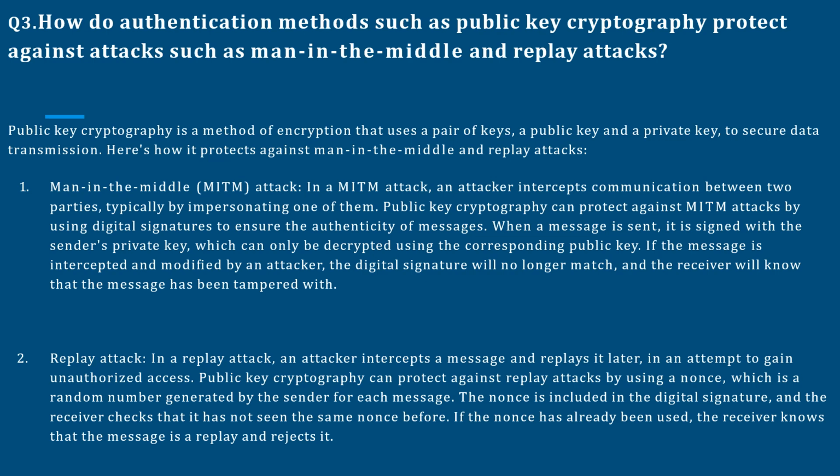In a replay attack, an attacker intercepts a message and replays it later in an attempt to gain unauthorized access. Public key cryptography can protect against replay attacks by using a nonce, which is a random number generated by the sender for each message.